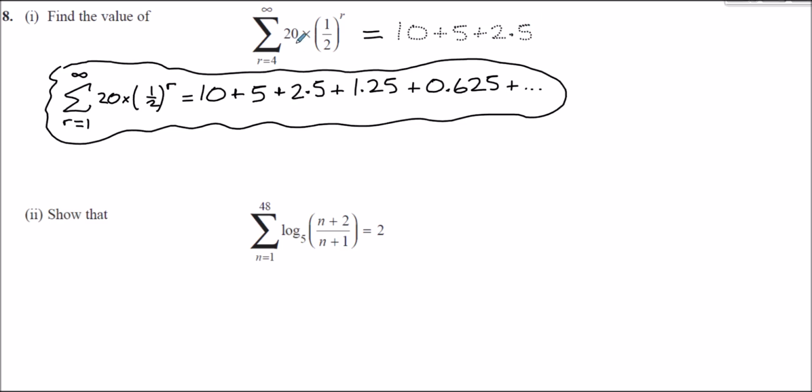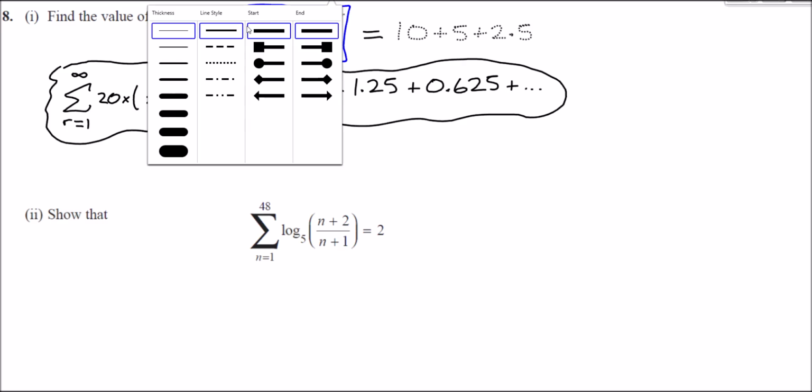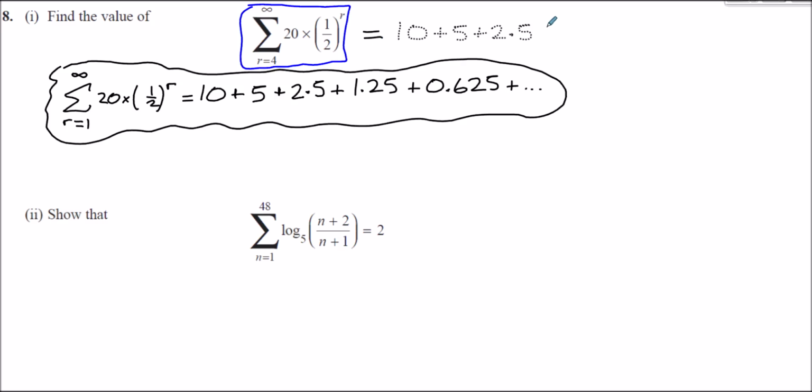So this sequence here, what we're actually trying to sum is actually only starting from 0.625. In fact, I could have called that 5/8. Of course, that's on 5/16, 5/32, and so on.